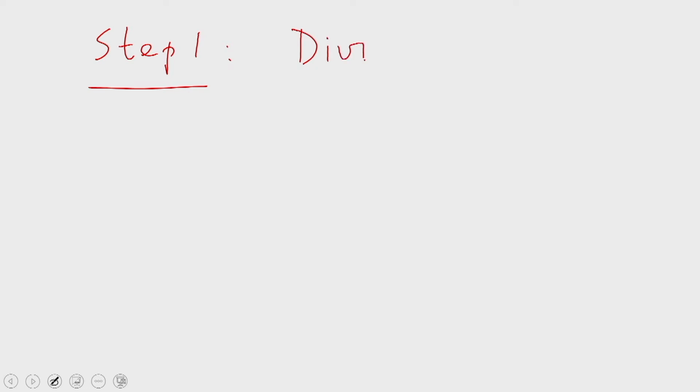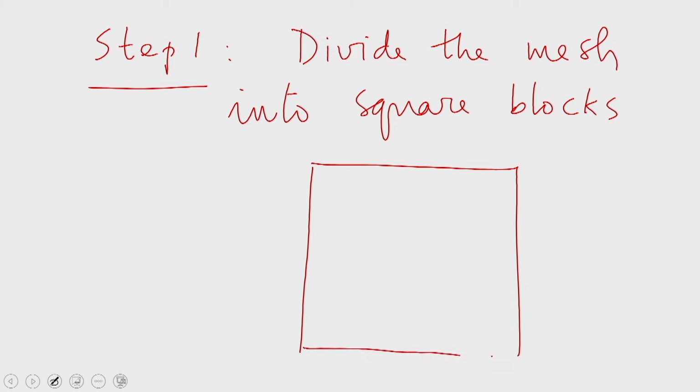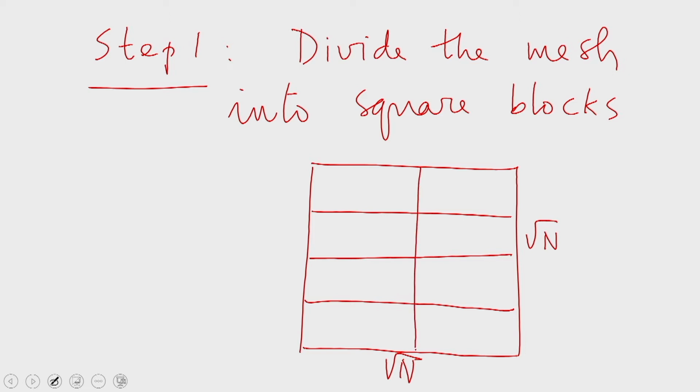we divide the mesh into square blocks. That is, the root n by root n mesh is divided into square blocks, so that the size of each square is n power 3 by 8.